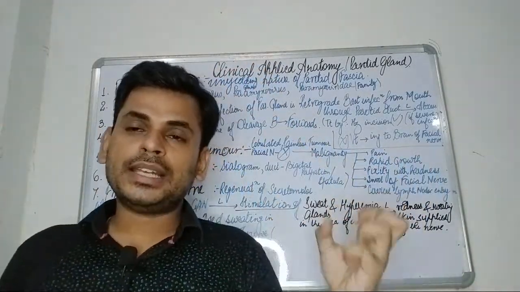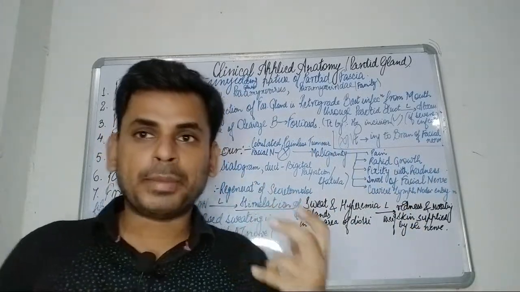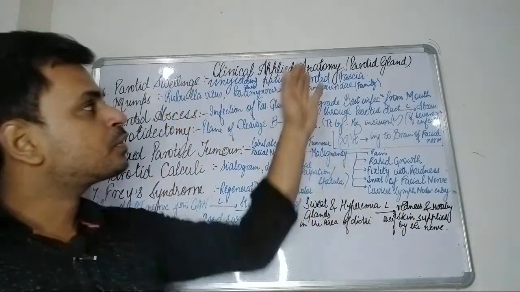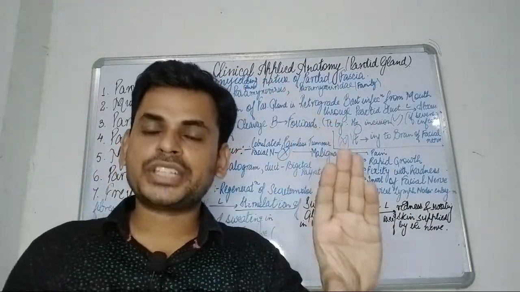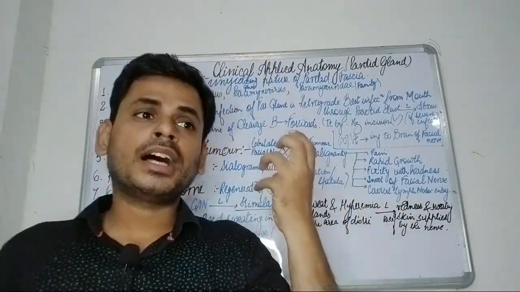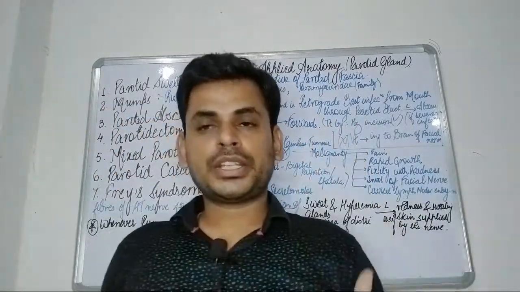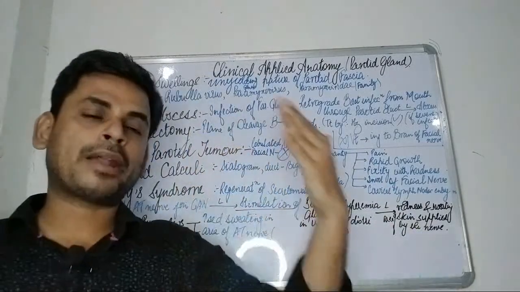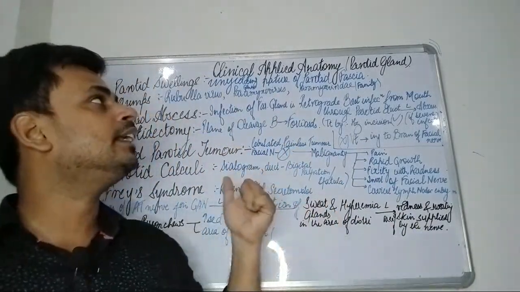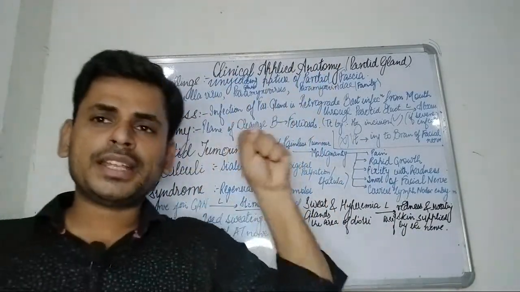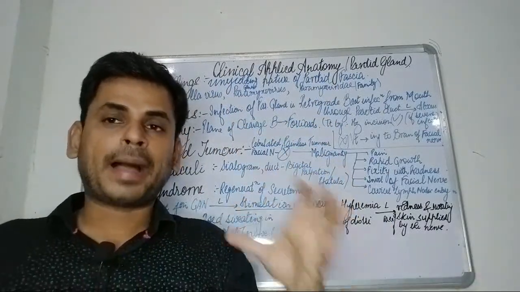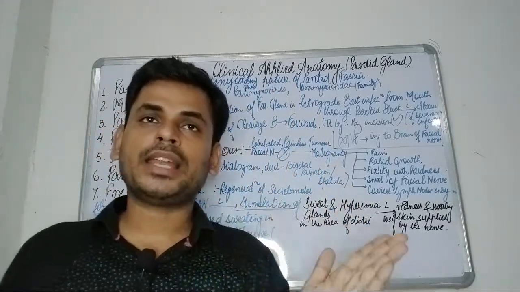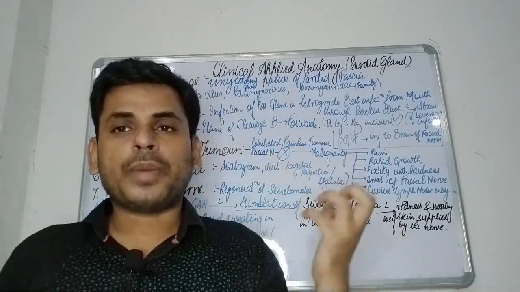Parotid swellings are very painful because of the unyielding nature of the parotid fascia, the parotid sheath, which is strongly bound to the gland. That's why whenever there is a parotid swelling, it is very painful.